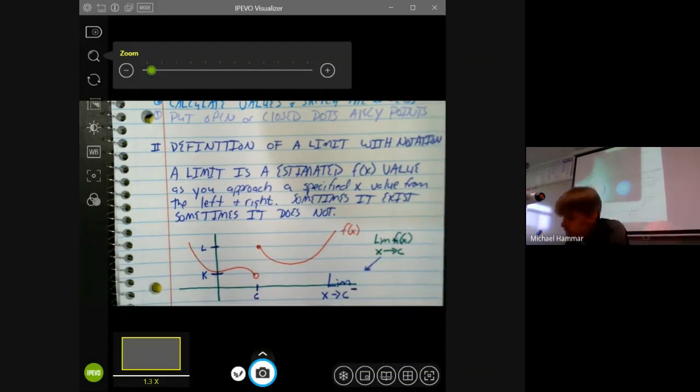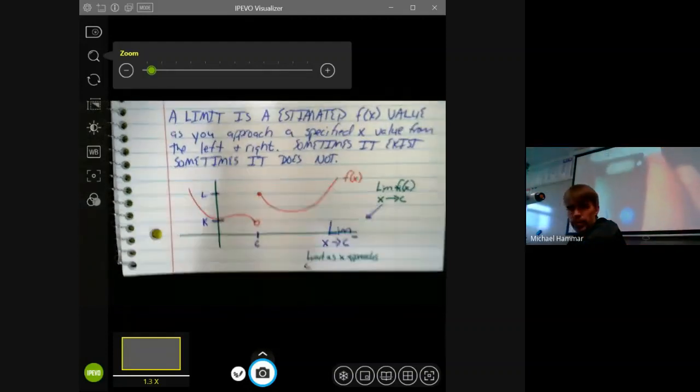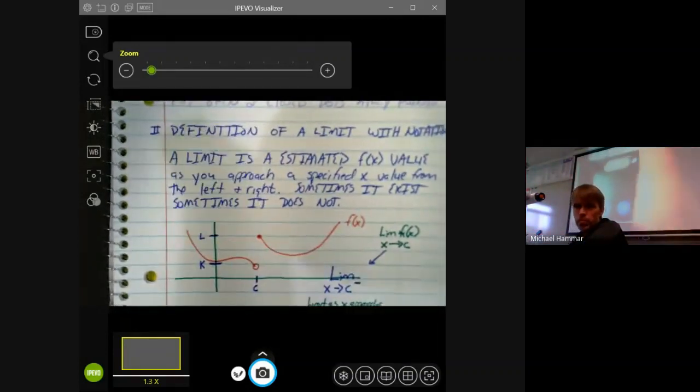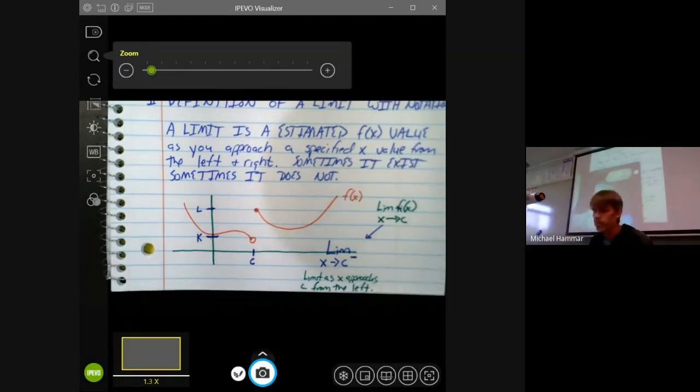So this is the limit as x approaches c from the left.